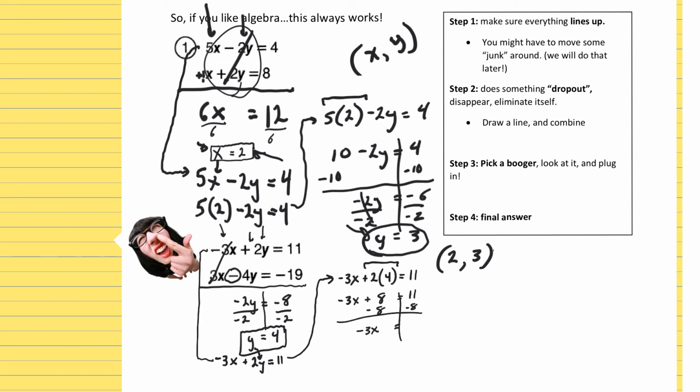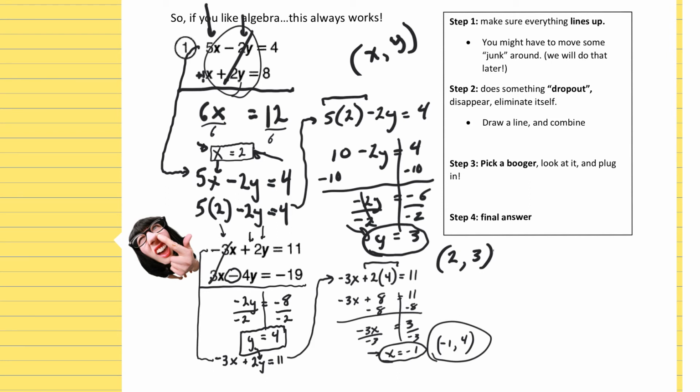Let's see, that is, good lord, 3. Divide by negative 3. And I get x equals negative 1. Okay, so that's the main stuff. Then again, don't forget to write the final answer, which is always a point. The x first, negative 1, comma 4 for y. And that would be where the equations would cross if you were to graph them.